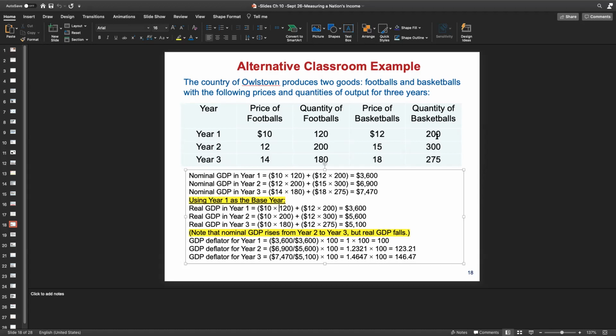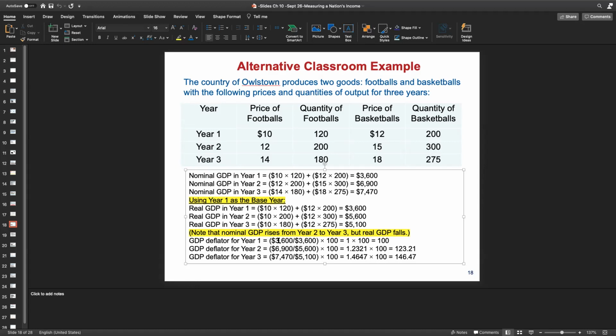And that gives you, using year 1 as a base year, the real GDP for year 1, 2, 3. So basically the prices are based on the year you consider as a base year, and you look at the change in the quantity, so that gives you the real GDP.